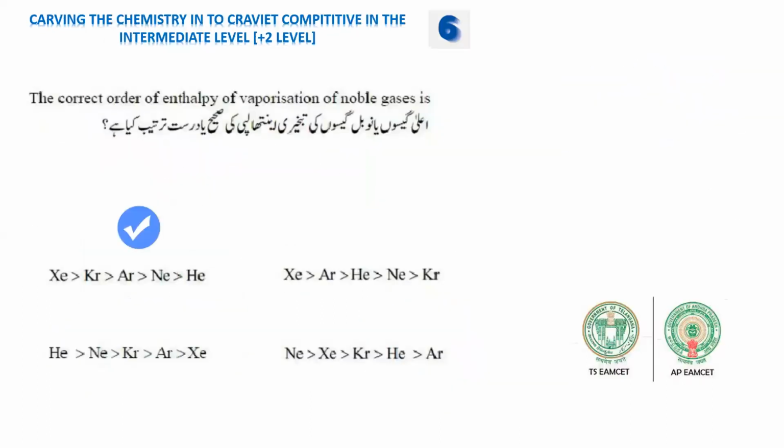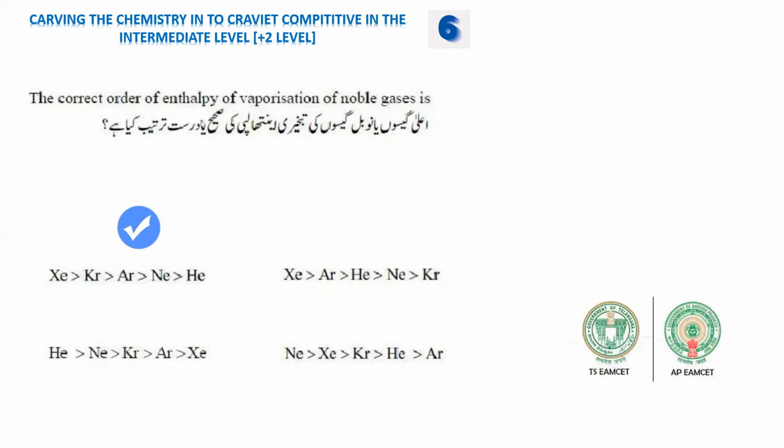Let's move on to the last question of the session. The correct order of enthalpy of vaporization of noble gases. Enthalpy of vaporization is the amount of heat required, and vaporization is the conversion of liquid into gas, right?